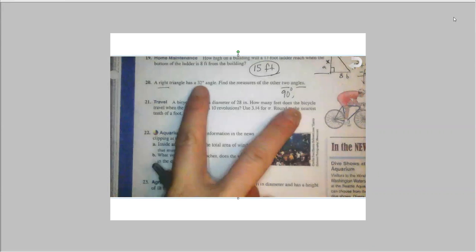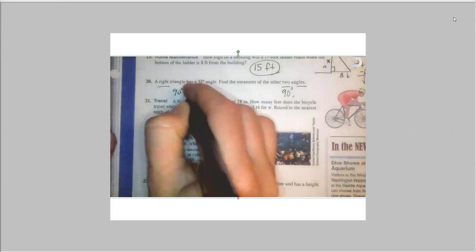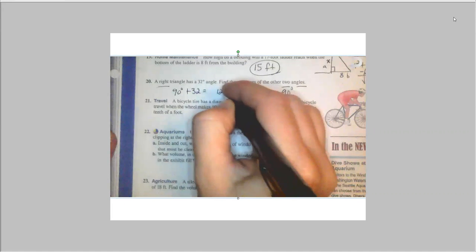And I told you at the beginning of the lesson tonight that all three angles inside of a triangle will add up to be 180 degrees. So now I just need to add these two together, subtract that from 180, and I'll find my third angle. So 90 plus 32 is 122, and then we'll subtract that from 180.